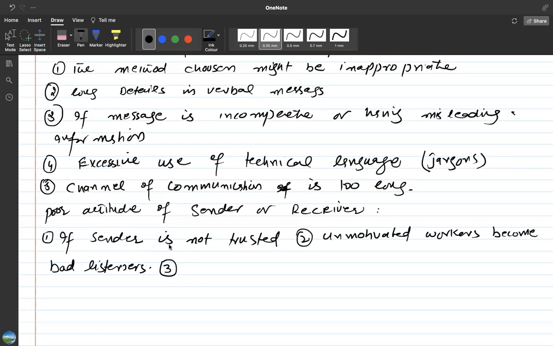Intermediaries are poorly motivated. Intermediaries are the people in the chain of command who deliver your message to the next person. They receive it while being demotivated, so they won't deliver your message to the next party.